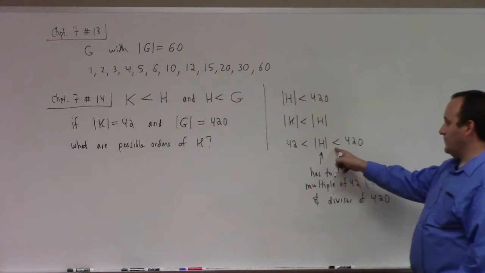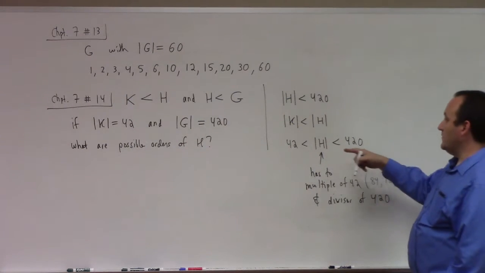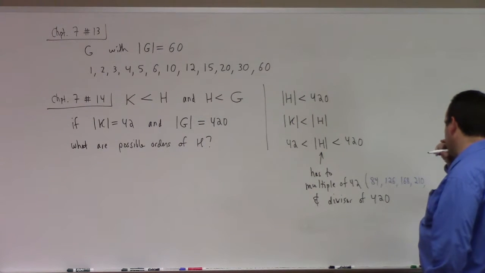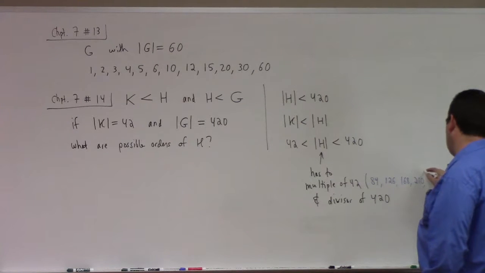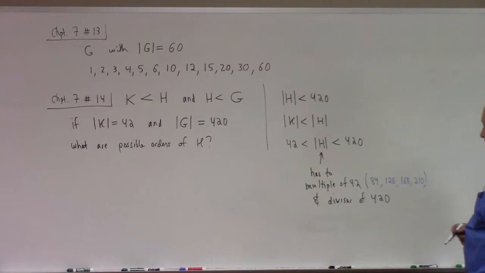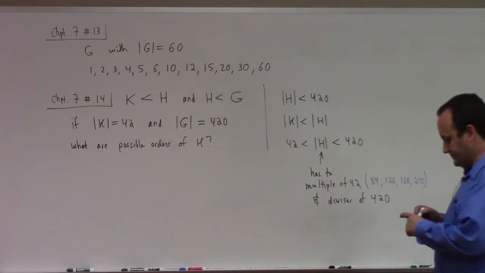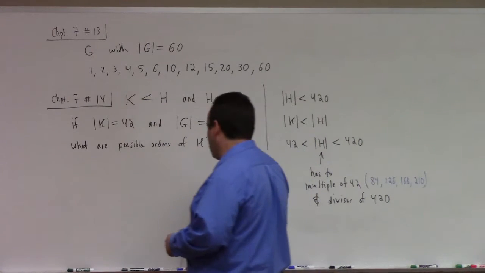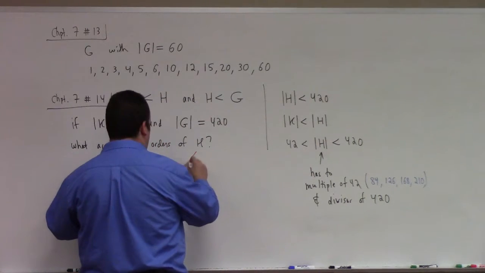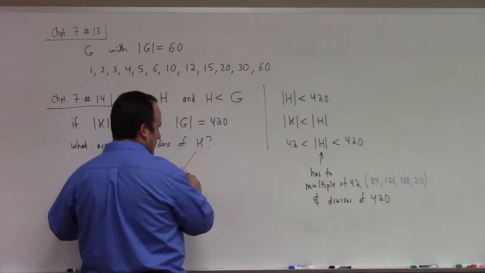Well, it's a proper subgroup, so I think that's as far as I can go because that's half of this. So are any of those numbers divisors of 420? 84 is?